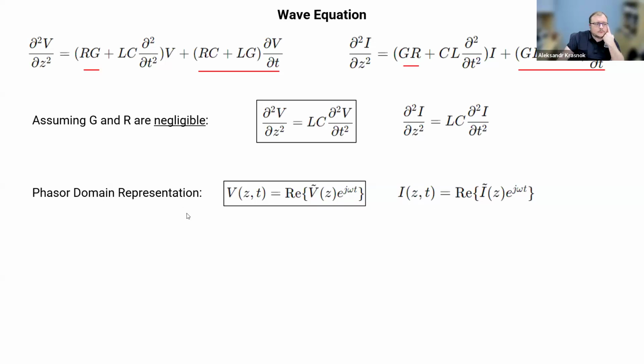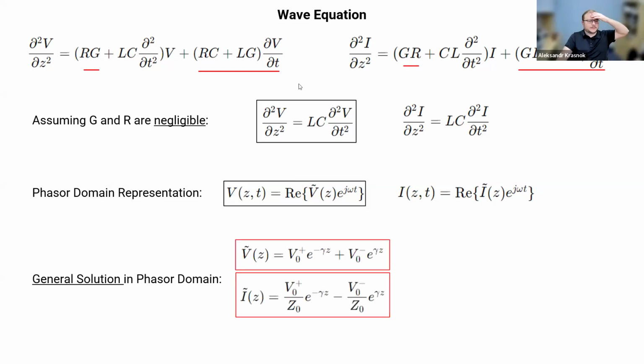So I use this phasor domain representation for the current and voltage, plug this into these formulas, and the general solution for the phasor amplitude v tilde is equal to the sum of two terms, v plus and v minus, which are essentially the wave that propagates to the right and to the left.